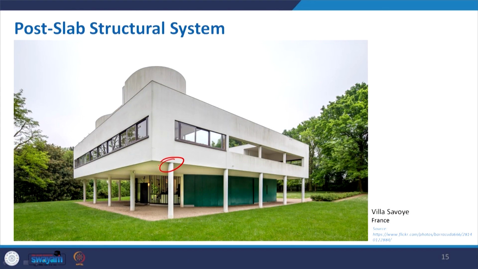So, the slab is resting just on top of this circular column or post. So, post slab is another kind of arrangement, and you can change it to steel, or change it to wood. So, material again may differ depending on the requirement or the purpose, but overall this arrangement is also possible.